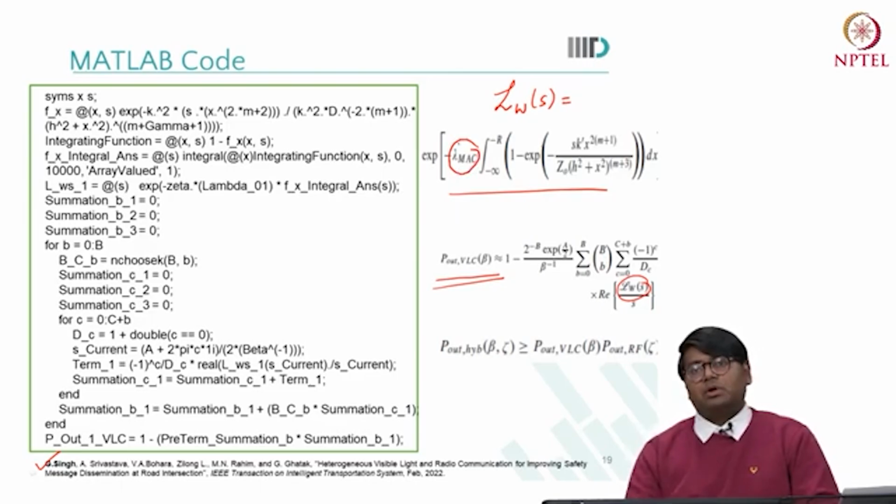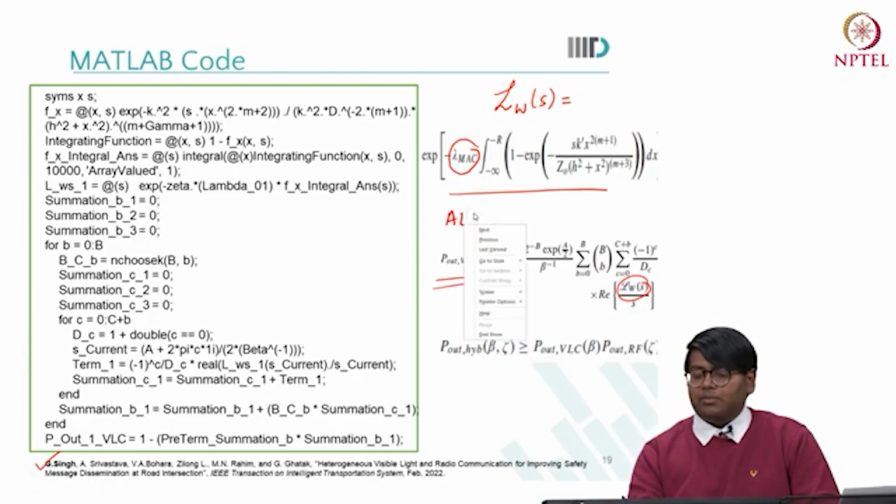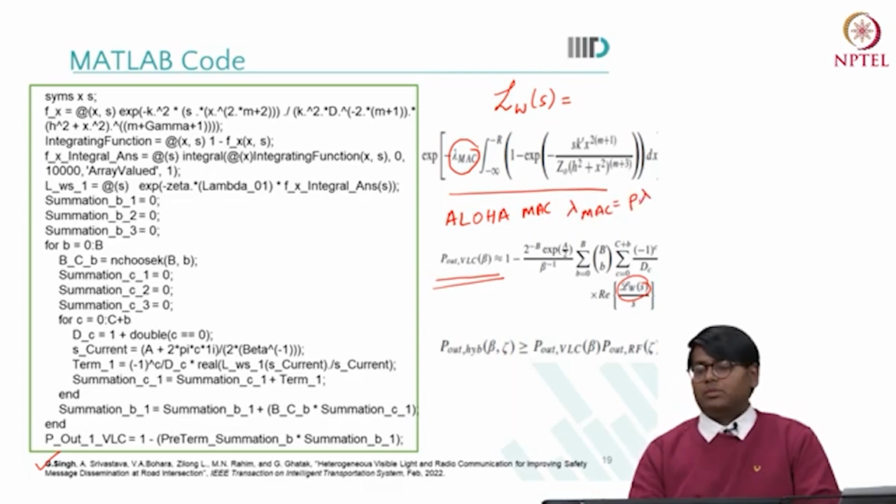Now, the MAC protocol governs the amount of interference experienced at the receiver. We can minimize the impact of interference by employing a suitable MAC protocol. For instance, if we employ the Aloha MAC protocol, then lambda MAC is the product of the access probability, which is given by rho, and lambda, which is our vehicular density.